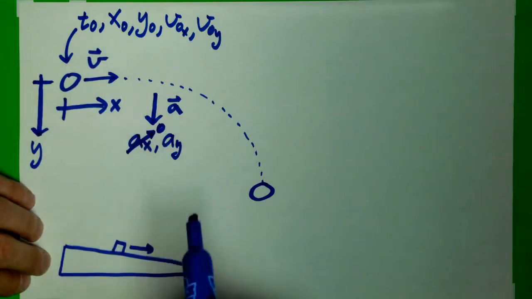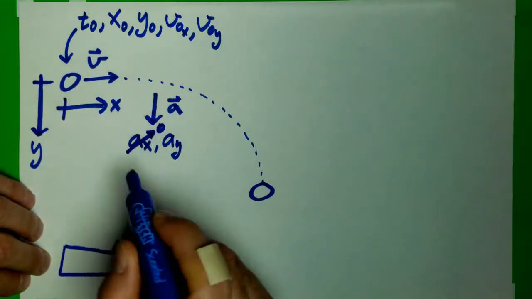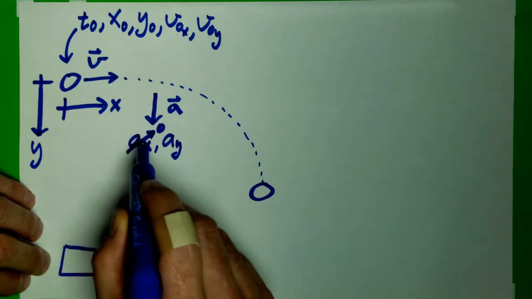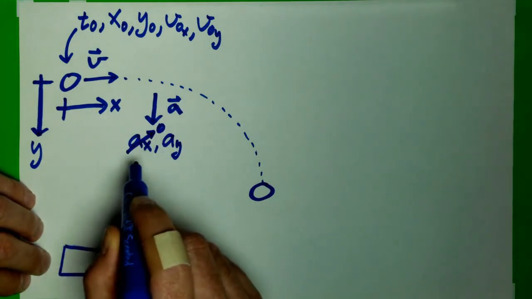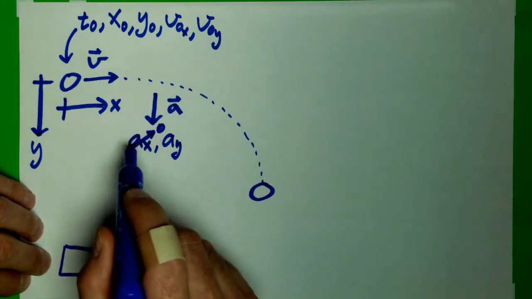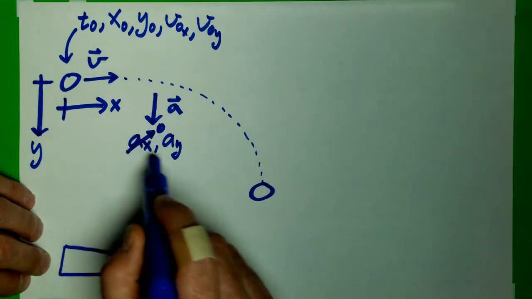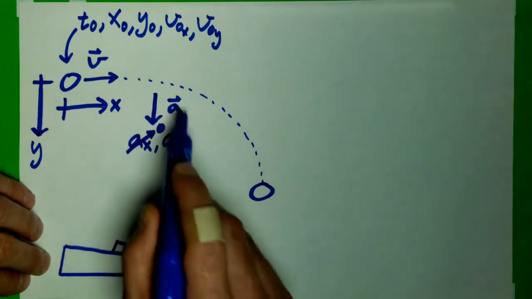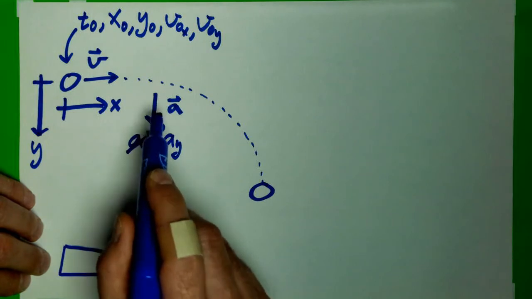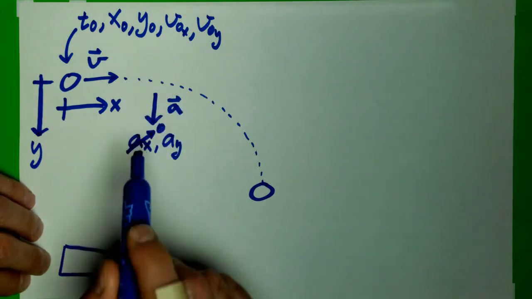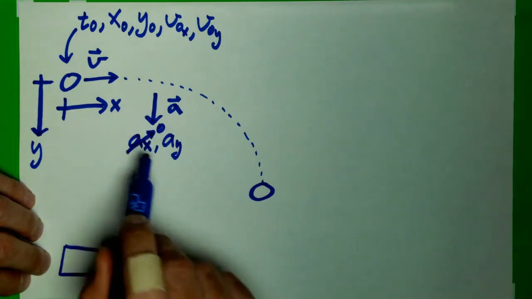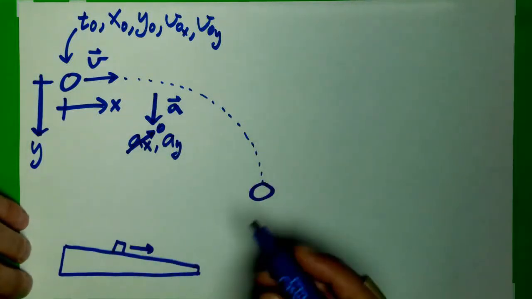I haven't found that to be as big of a deal, but I have found students will forget to recognize that ax in this case is 0, and they'll plug in a value that is non-zero when they start plugging it in. So I found it really good to right away say, okay, does my acceleration have components? Is it one-dimensional? Is it one-directional? Then show that right away. Okay, and we'll get these other pieces as we come. You don't have to do that, but I found it to be very helpful.